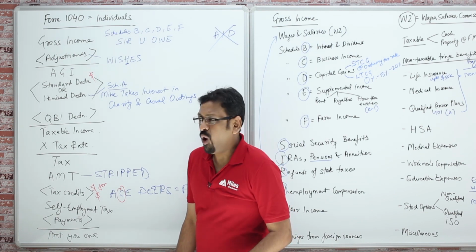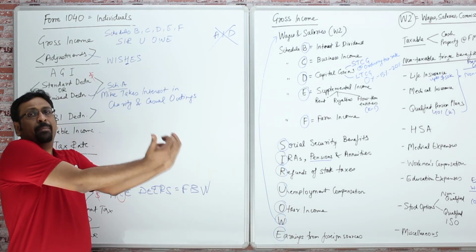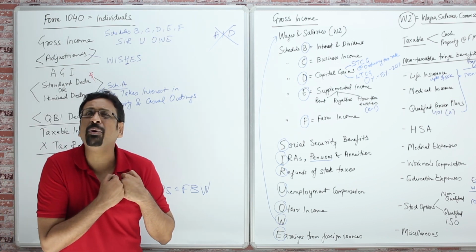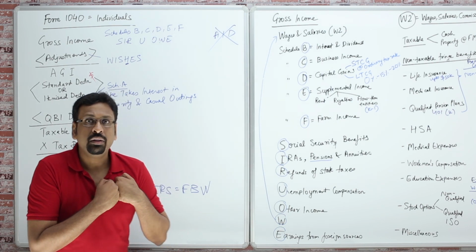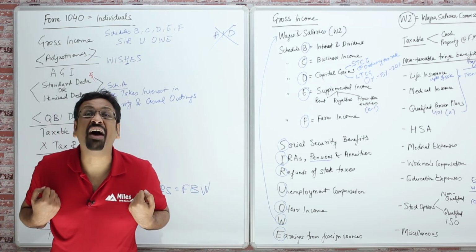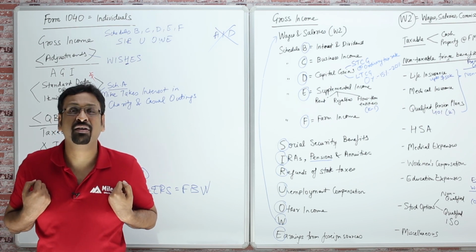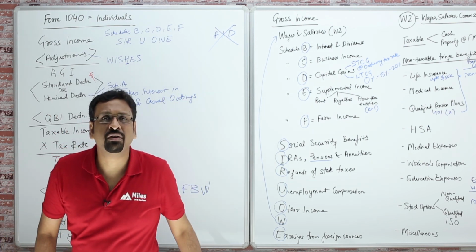Now, of course, all the divorced women who are receiving the alimony weren't happy with Uncle Sam. They complained to him. They said, we're getting alimony from our ex-husband and we are having to pay taxes on that. And Uncle Sam finally got convinced.